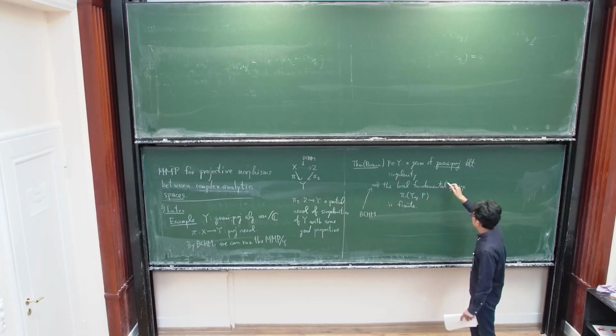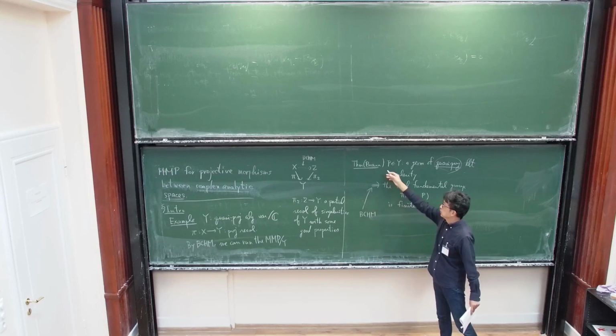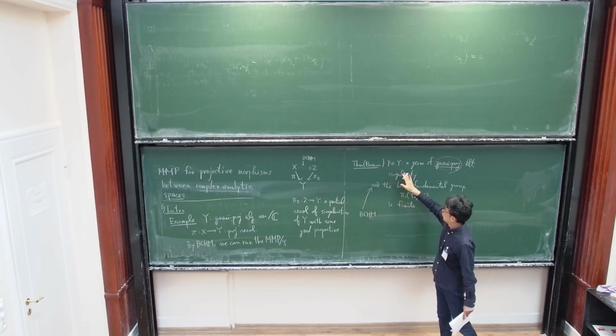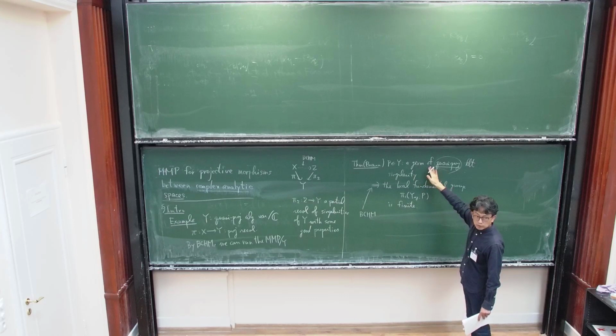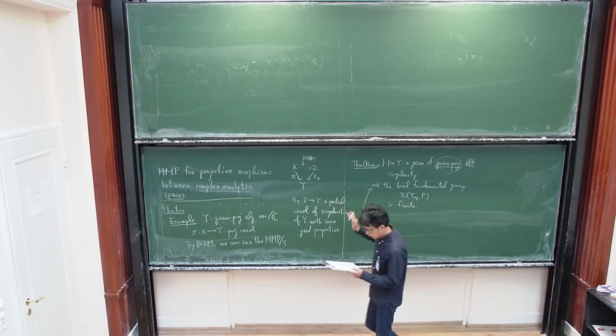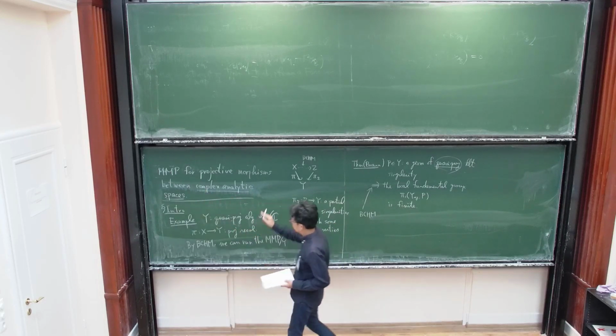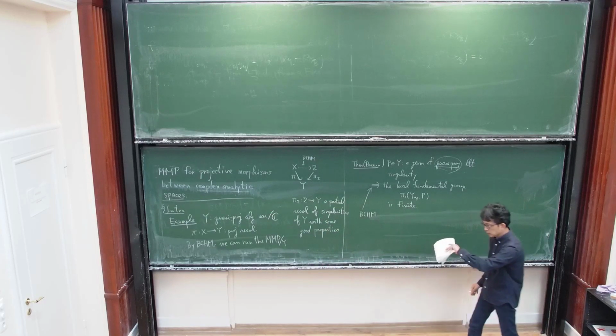Then we can remove this condition. So his result holds for complex analytic germs of klt singularities. Okay? This is one of my motivations. So I would like to discuss minimal model program for complex analytic spaces.